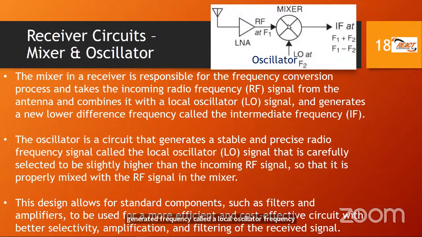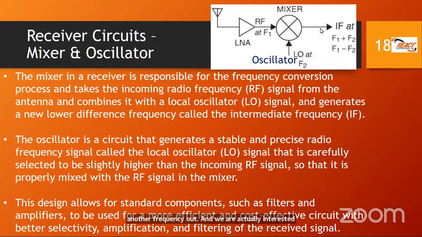When the mixer mixes those two frequencies, it produces a sum and a difference frequency. It adds the two frequencies and produces an output, and it also subtracts the two frequencies and produces an output, and it discards one of them through a filter. So the mixer takes two frequencies in and generates another frequency out. And we're actually interested in the lower frequency that it generates.